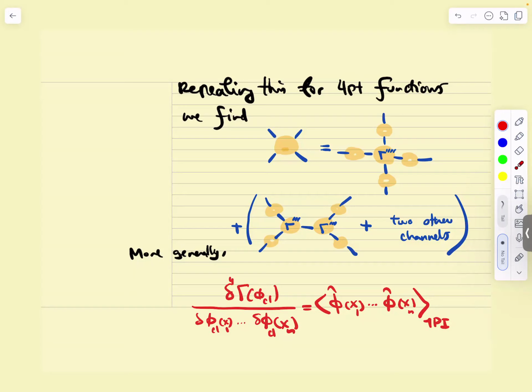Now, you start with the previous equation that I had. So what you do is this. You write down the 4-point function, j connected, as del j of the 3-point function, j connected. You plug in the previous expression.